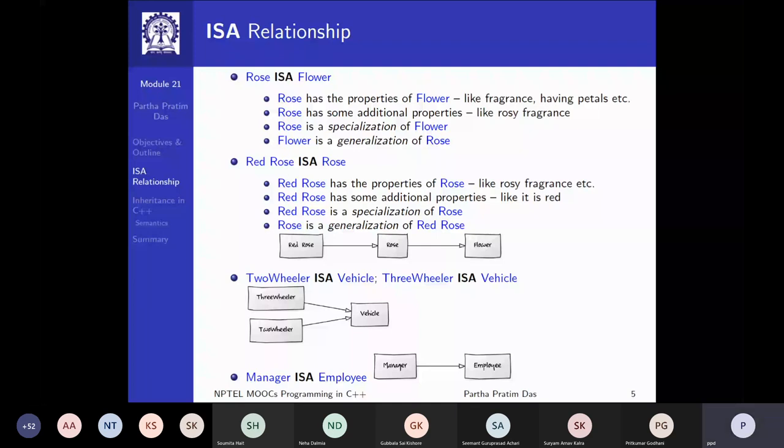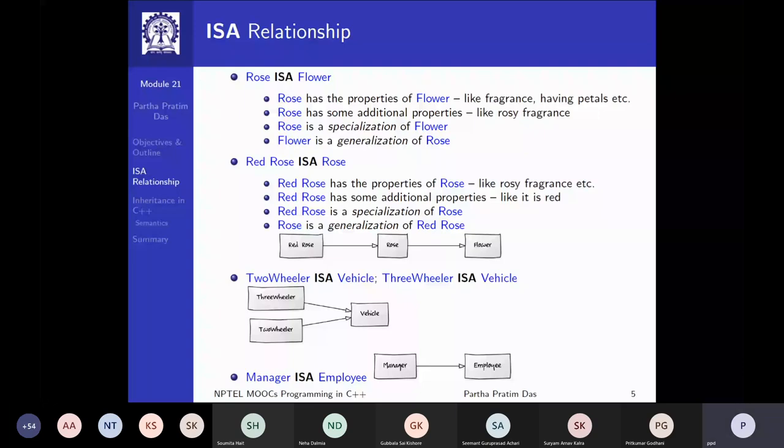But rose also has some additional properties. Like it has a fragrance which is different from the fragrance of jasmine. So rose is a flower because it has fragrance, but it has some special fragrance which makes it, say, the rosy fragrance, which makes it a specialization of flower.